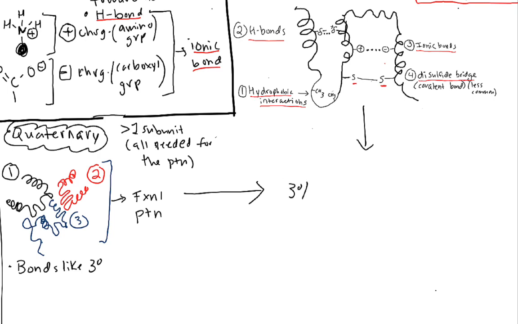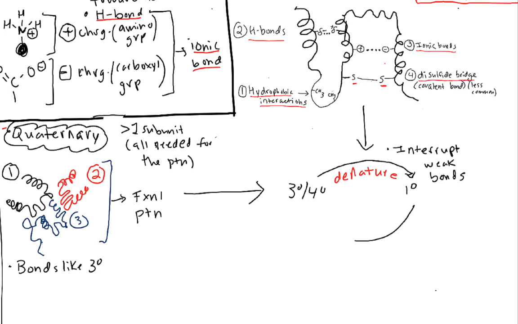So we have the third and fourth levels, and let's say they get disrupted and go back to the primary level, primary structure, that polypeptide. So how would that occur? There's interruptions of the weak bonds, hydrogen and ionic bonds primarily. So that process of unraveling is called denaturing. So the protein denatures. They can fold back up in certain circumstances, and so we call that renaturing.